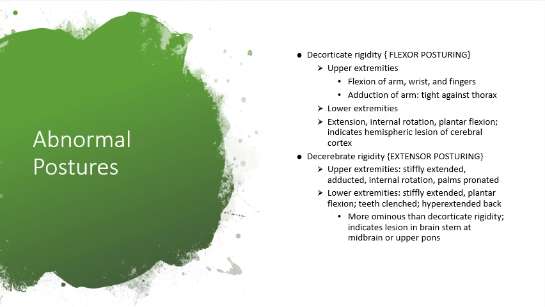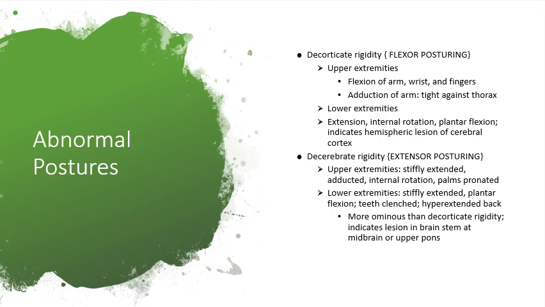The teeth are clenched, hyperextended back, and this has to do with a lesion at the brain stem, at the midbrain or the upper pons. So the brain stem itself is damaged. If you see this, you can see this mixed, so one side could be flexor, one side could be extensor, the person could be seizing and then posturing in between.